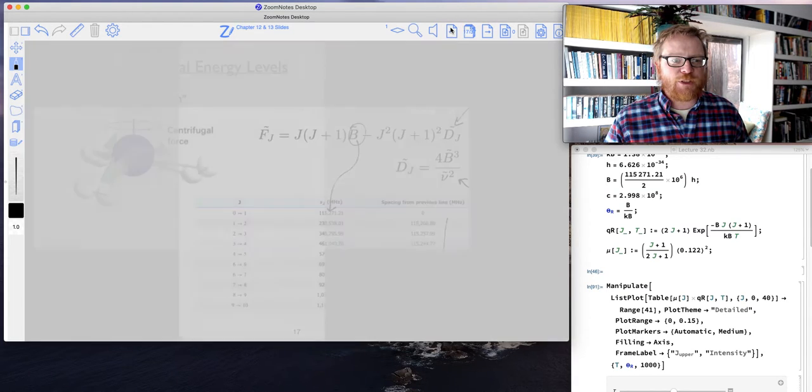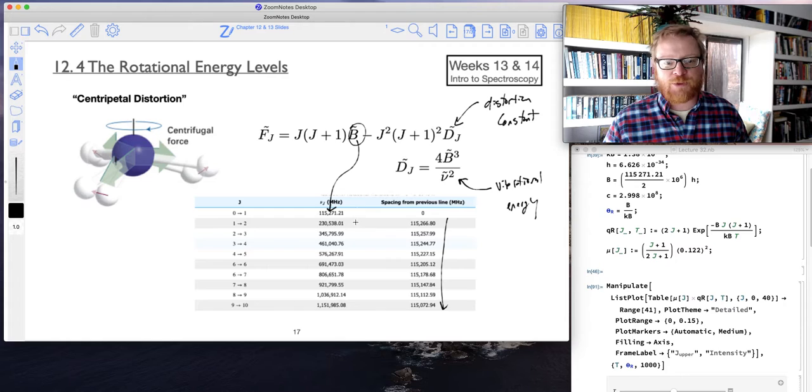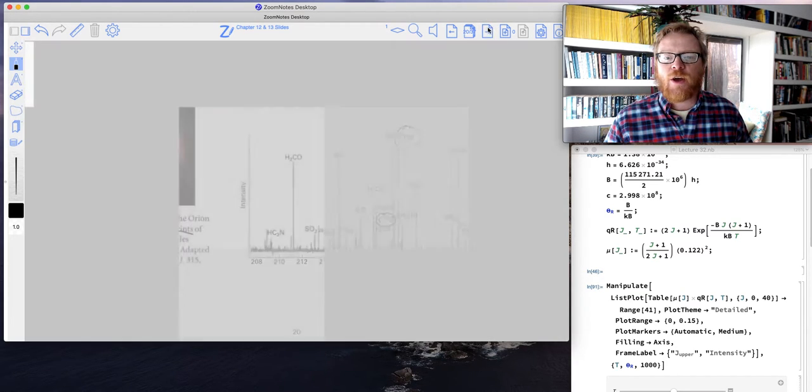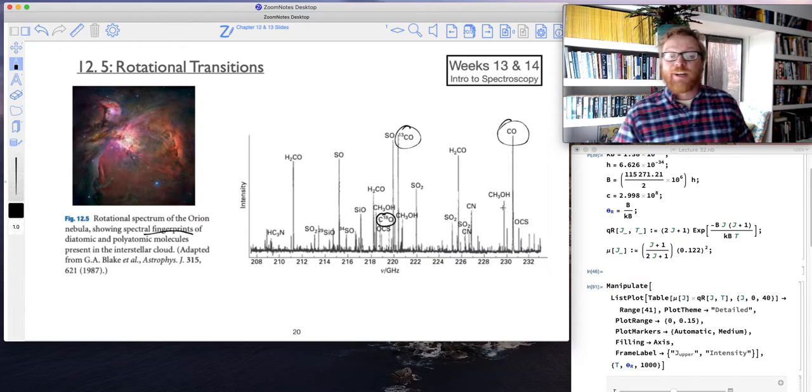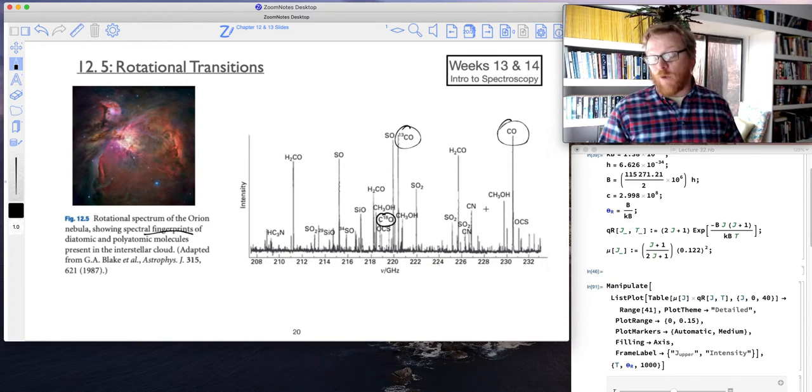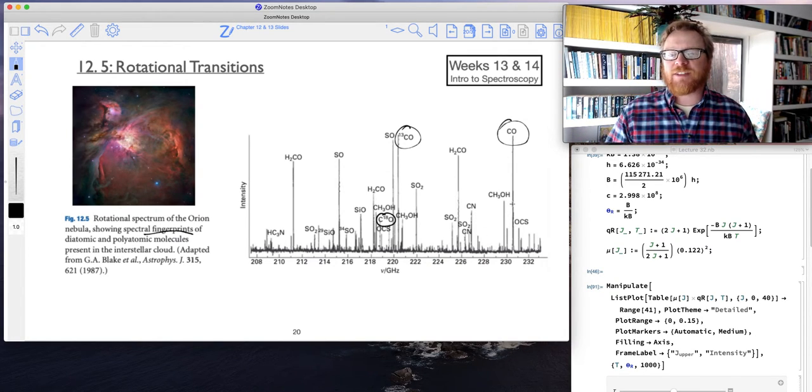If we back up for just 1 second to this table of values, check it out. 230 gigahertz is the same as 230,000 megahertz. Okay, so that was the 1 to 2 state. And so based on our simulation, we saw that at 2.7 Kelvin, let's call it 3 Kelvin, there is some slight population of carbon monoxide.